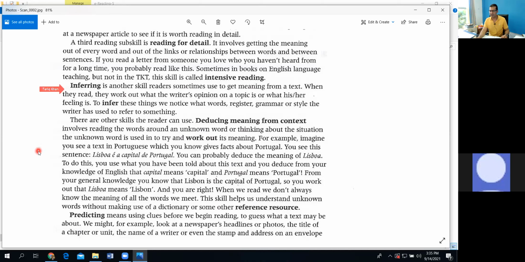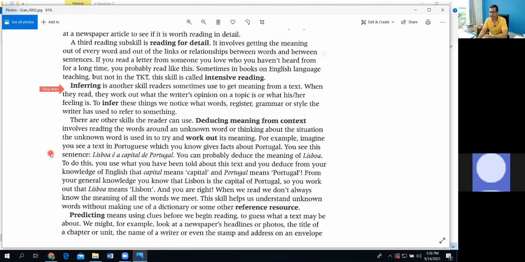Likewise, different writers write their opinion in different newspapers as well. So inferring is another skill that is called inferring. We try to understand what the writer's mind is about this particular subject. Usually those who are teaching or have done literature may know, because it's a common question in literature, asking the student the writer's opinion about the poem or about some reading they have written about.